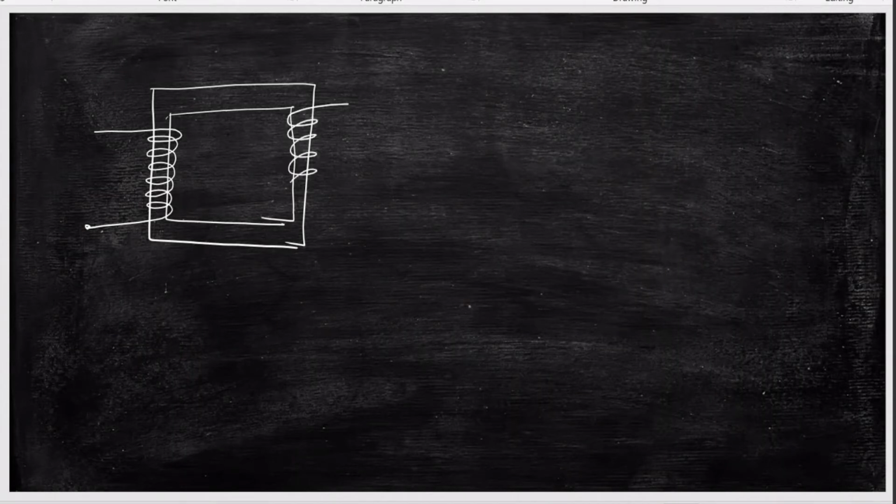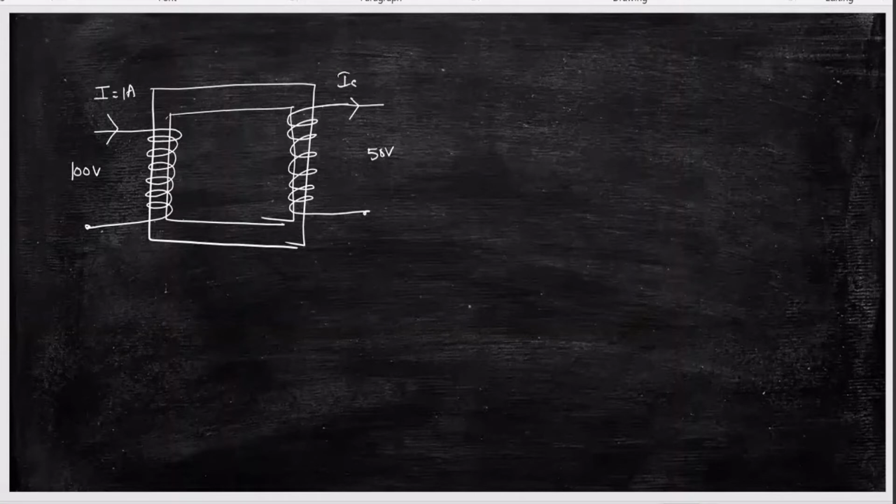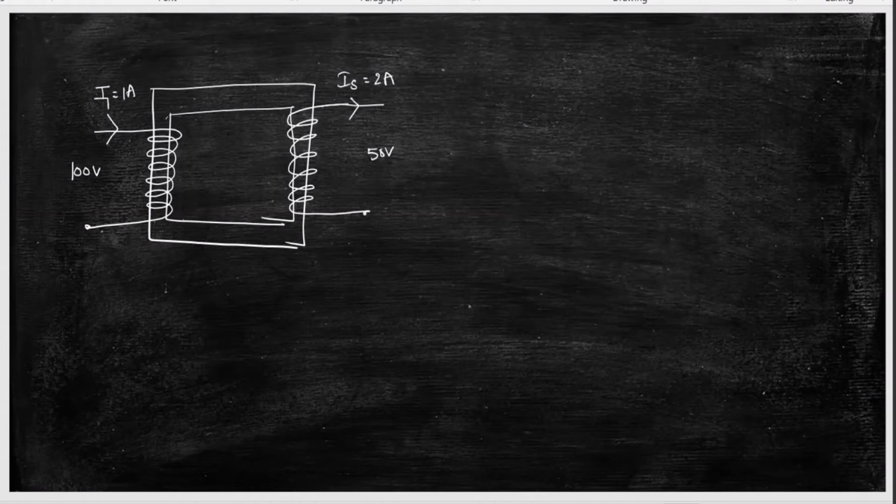Now what I have done, I have given 100 volts to this input, and I expected 50 volts as the output, and the current that is supplied is 1 ampere, and the current which I have obtained on the secondary side is 2 amperes. Is is equal to 2 amperes. Ip is equal to 1 ampere.